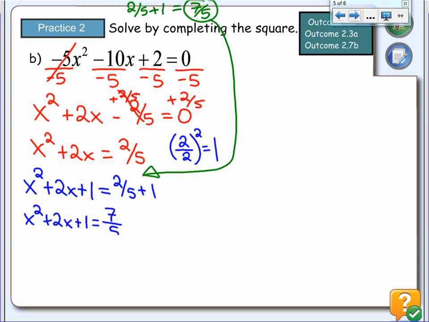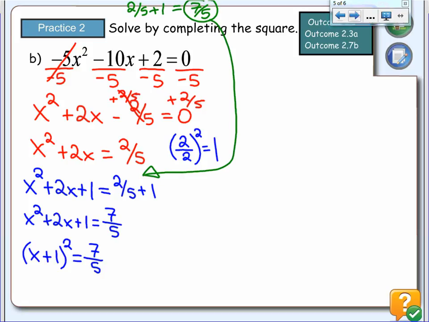Okay. Now that we've followed step 3, we have to do step 4, and that's factor it and then square root things. So on this left-hand side, you see we have a perfect square trinomial, which means we can factor to be x plus 1 squared equals 7 over 5. We then have to square root both sides.